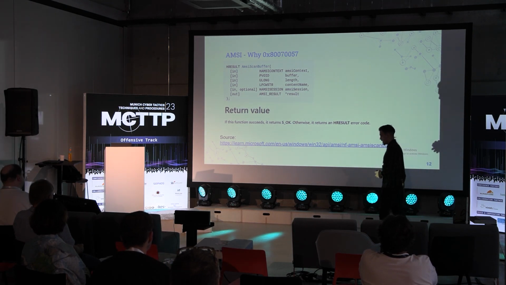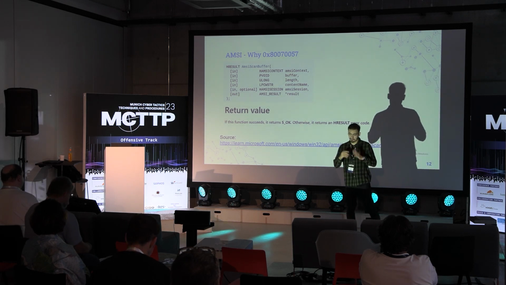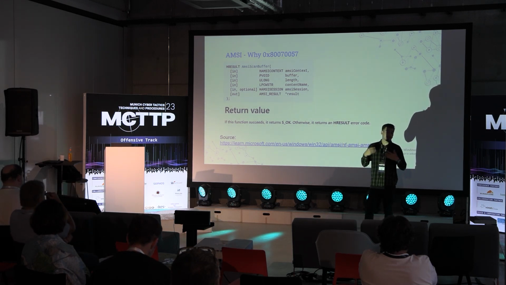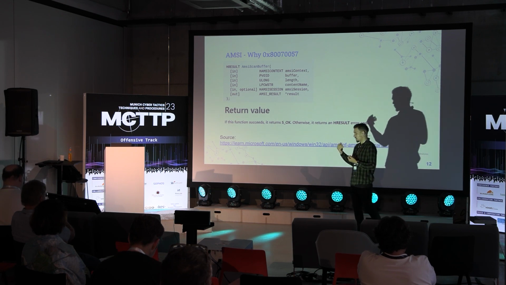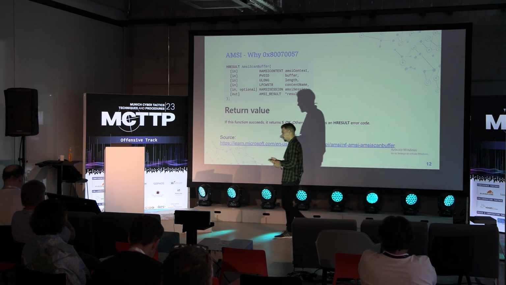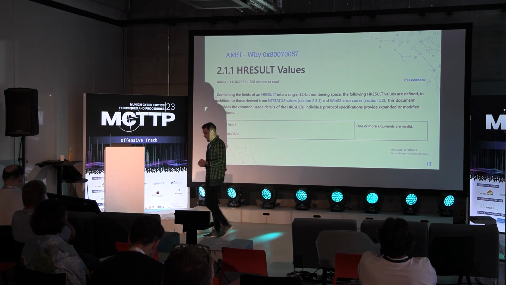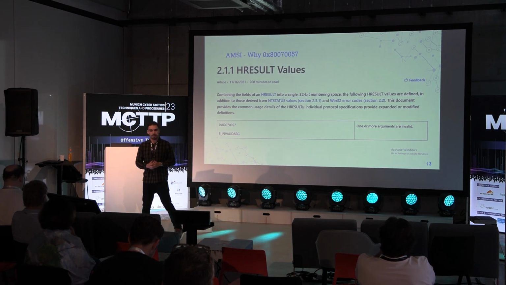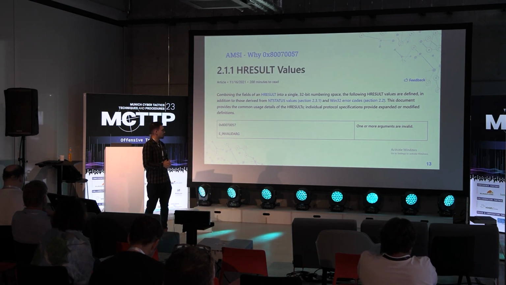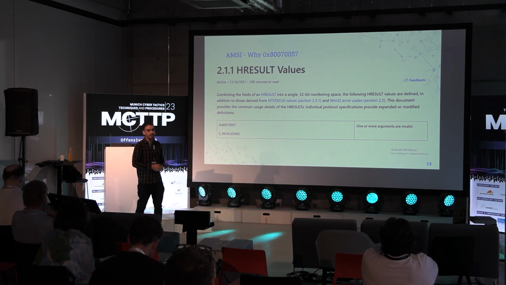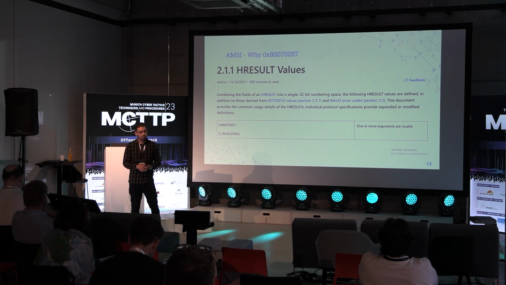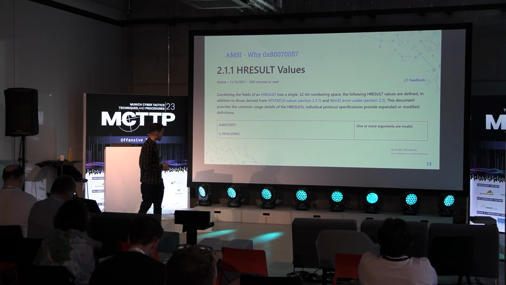So if we accomplish this, we can run any PowerShell script that we want through the AmsiScanBuffer function. And those HRESULT error codes, we can take them from Microsoft also. It's a pretty big list, and you can take any of them.